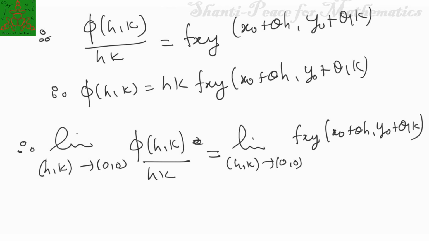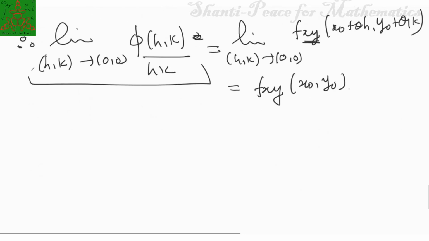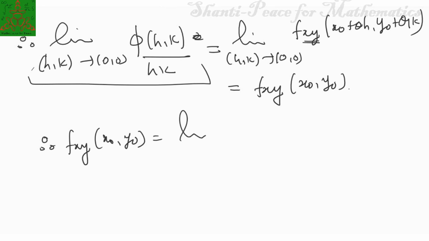But what is this? Since fxy is continuous, this side will give you fxy at (x0, y0). Now let us concentrate on what this side will be. Finally, what we have is fxy(x0, y0) equal to the limit as (h, k) tends to 0 of phi(h, k)/(hk).